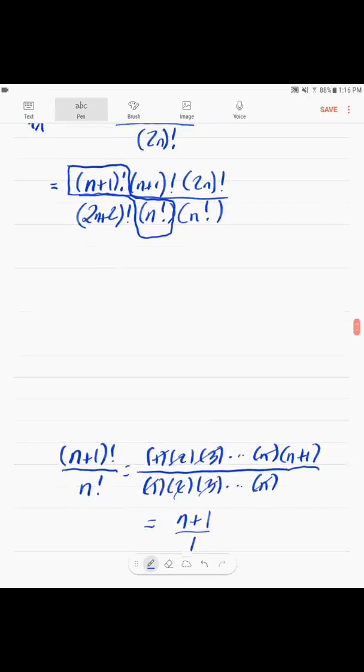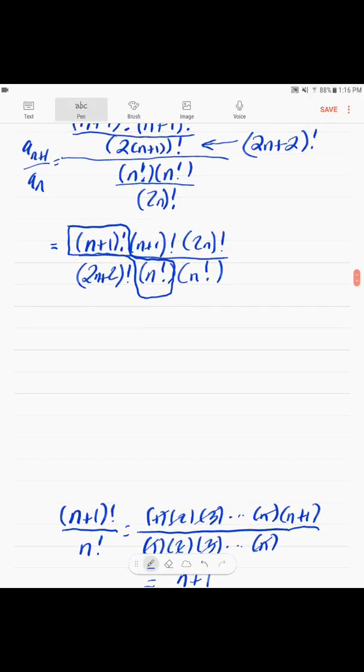Now let's go back. So we know how those are going to cancel. Those are each going to leave just an n plus 1 on top. Now let's see how the 2n factorial and the 2n plus 2 factorial cancel.